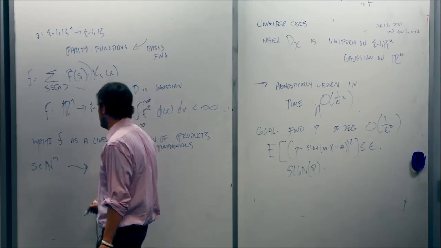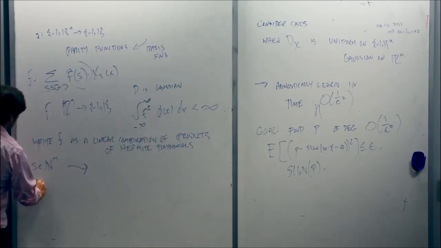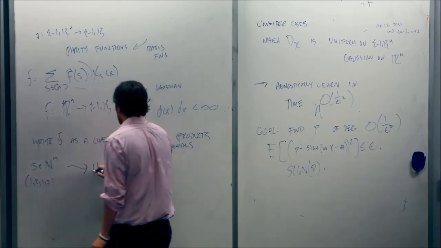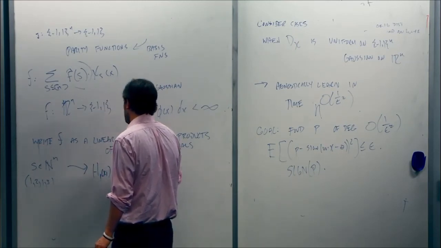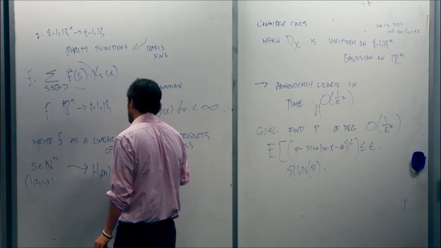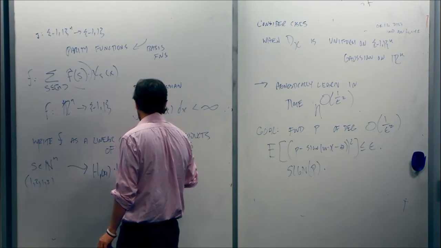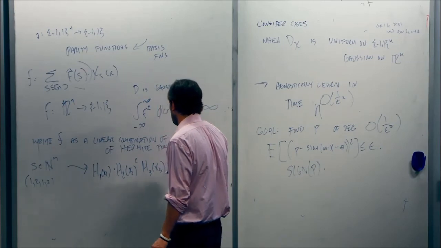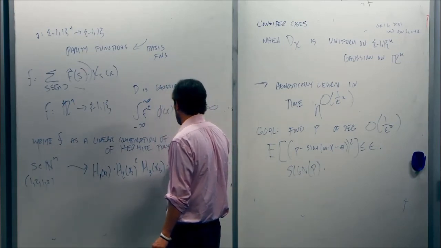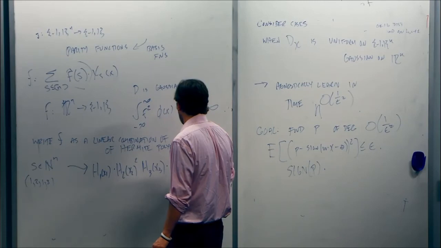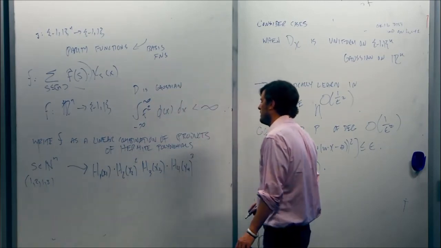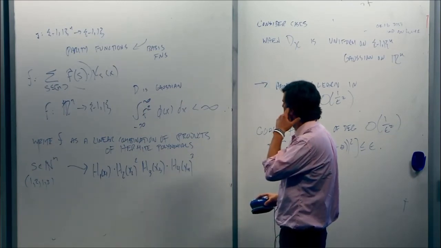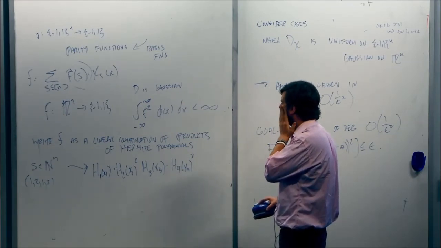So for example, 1, 2, 1, 3 would be h1 of x1, h2 of x2, h1 of x3, h3 of x4, and so on and so forth.